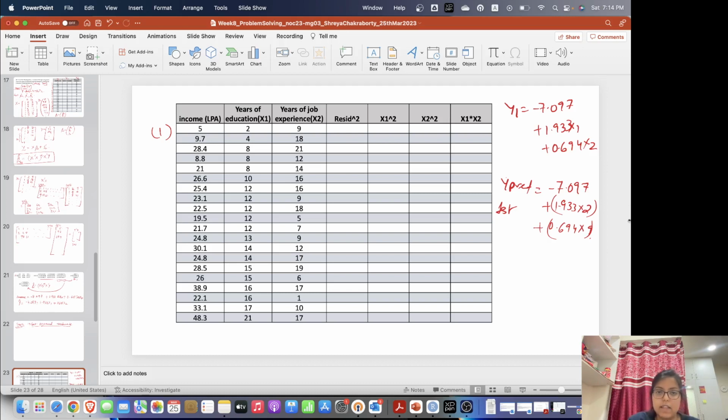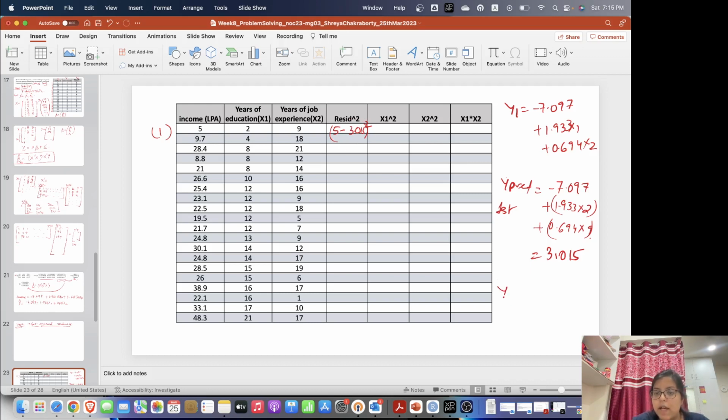So we are getting this as something like 3.015. So the residual will be 5 minus 3.015 and that whole square. This column is residual square.